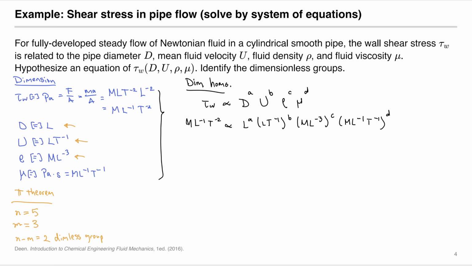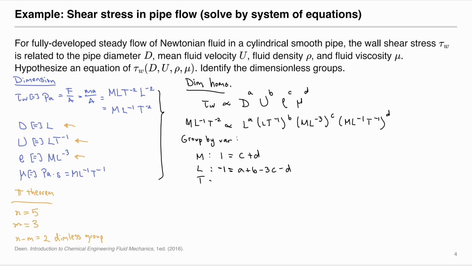Now I can group by variables. The variables are M, L, T. So for M, on the left hand side I have 1, on the right hand side I have c plus d. For L I have -1 is equal to a plus b minus 3c minus d.